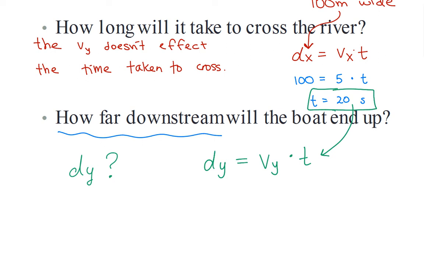You can put time in x, you can put time in y, and it's okay because it's happening simultaneously. So dy is vy times t. Vy was 3.5 north. T was 20. 3.5 times 20 is 70 meters.